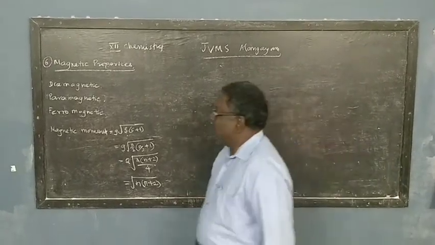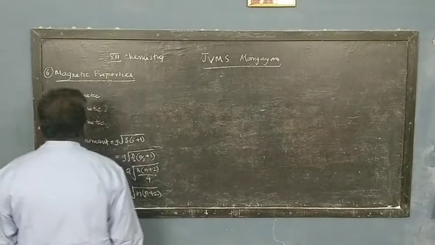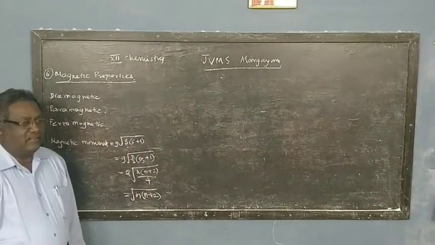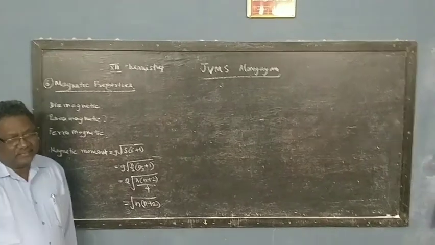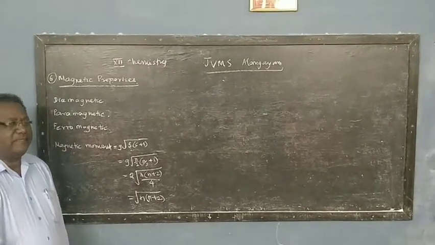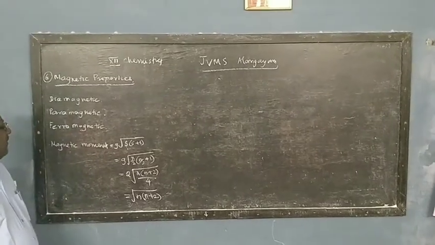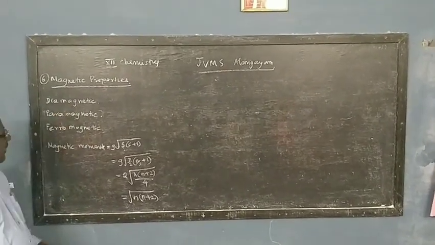Diamagnetic is the one which will not attract the magnetic field. They will not experience any magnetic field and magnetic properties, and that is called diamagnetic.